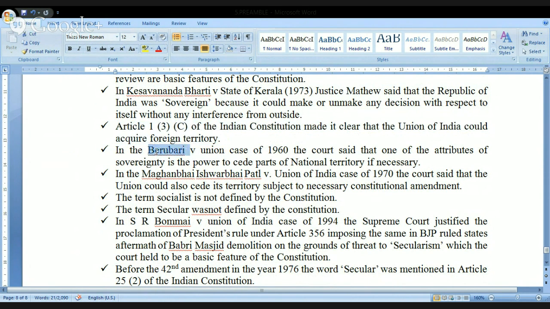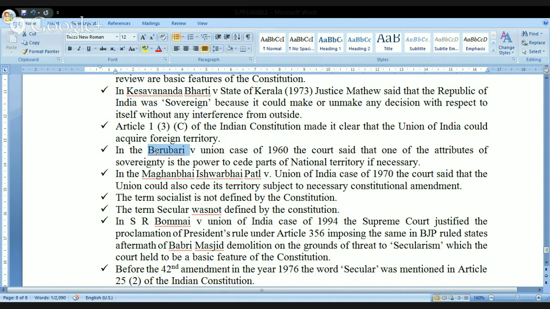In the Berubari versus Union case of 1960, the Supreme Court said that one of the attributes of sovereignty is the power to cede parts of national territory if necessary. What is the meaning of this? Article 1 is making it very clear India can acquire a foreign territory, but can we give away any territory to somebody else?